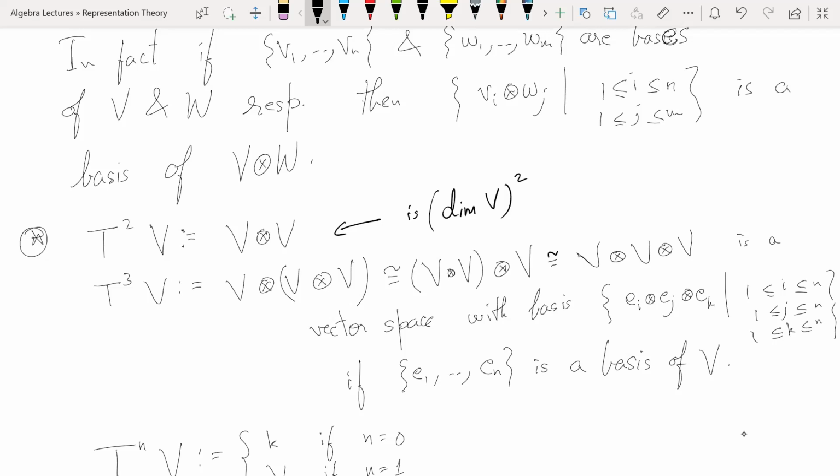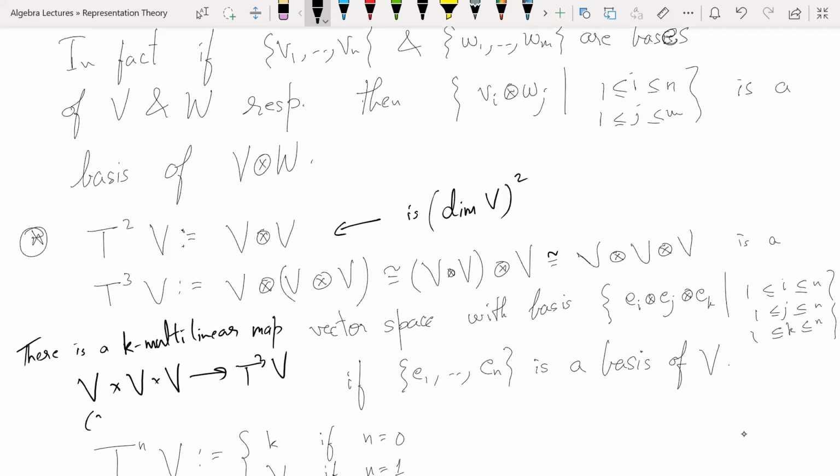Instead of bilinear, it's a k-multilinear map, trilinear if you like, but you won't go very far with this map, from V cross V cross V to T3 V, which sends (v1, v2, v3) to v1 tensor v2 tensor v3.